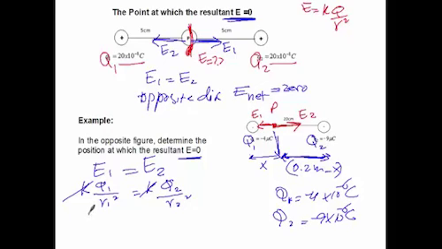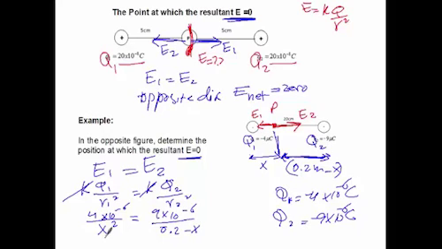So it will be 4 times 10 to the minus 6 over R1. What is our R1? The distance between P and Q1, which is x. Q2 is 9 times 10 to the minus 6 over R2, the whole distance minus x, which is 0.2 minus x.